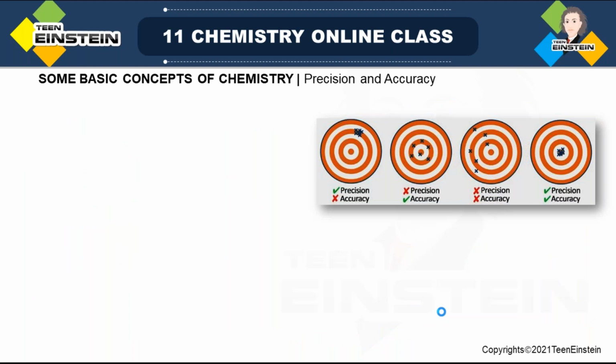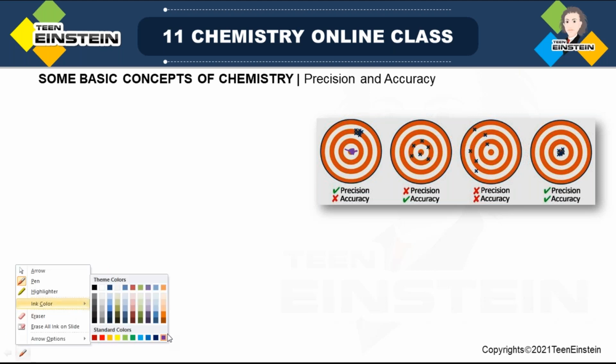Precision and accuracy. When we do measurements, these two terms become very significant. Look at these 4 pictures. In these 4 pictures, the middle point that you are seeing is actually the true value that we want to measure.